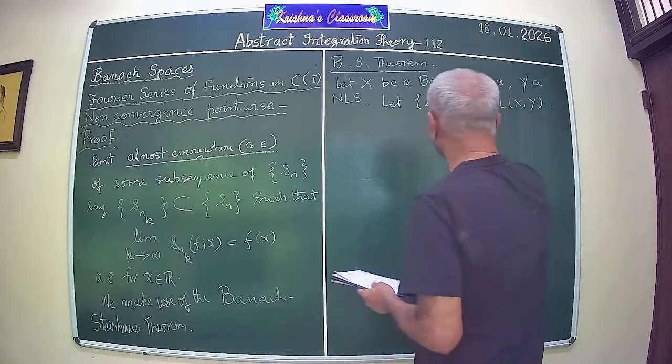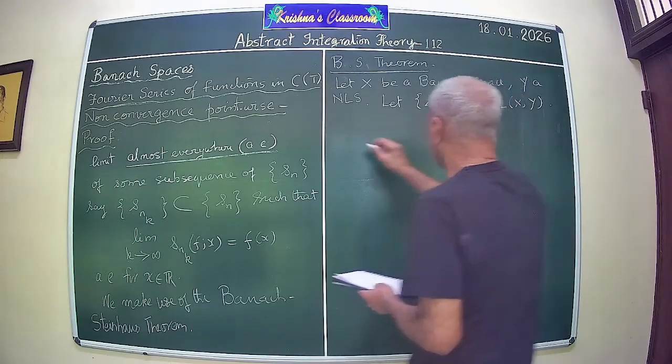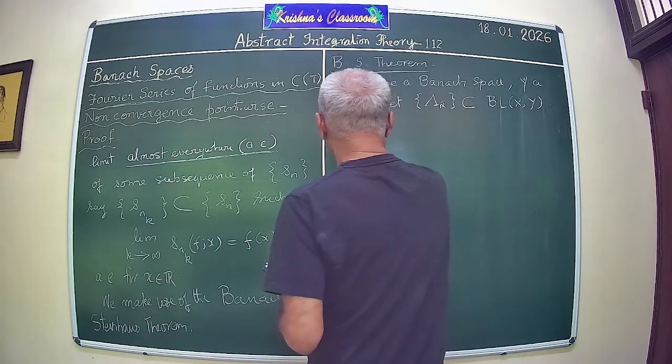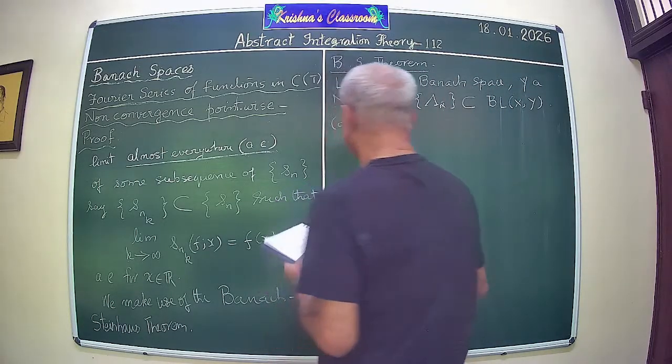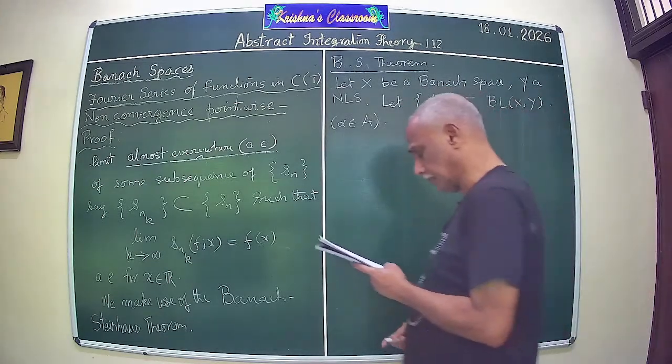We'll not necessarily use n but alpha, where alpha belongs to some index set, which is not necessarily a countable set.